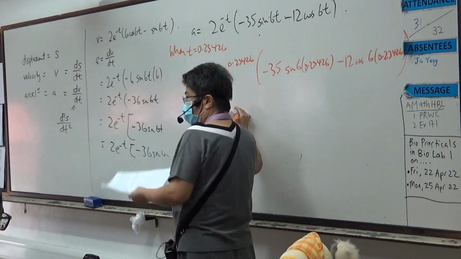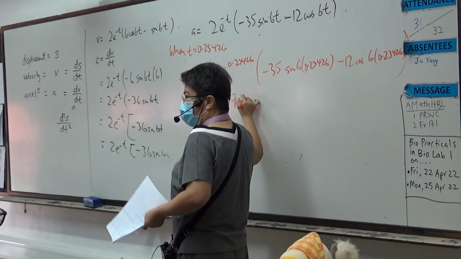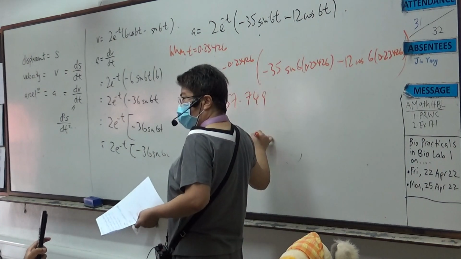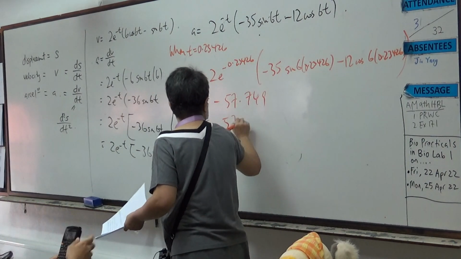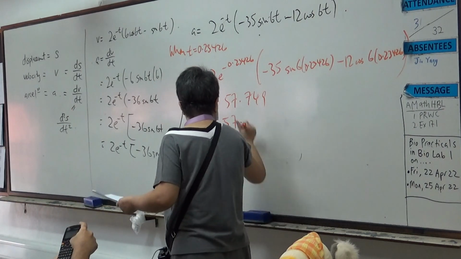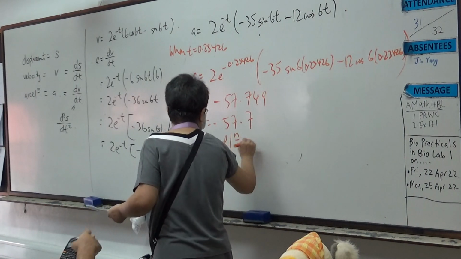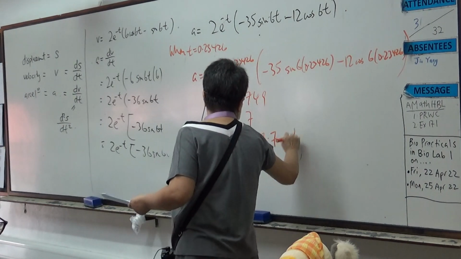Negative what? 57.749. So this will be a negative 57 point, oh, point what? 0.7. Am I right? So the acceleration will be negative 57.7 meter per second squared.